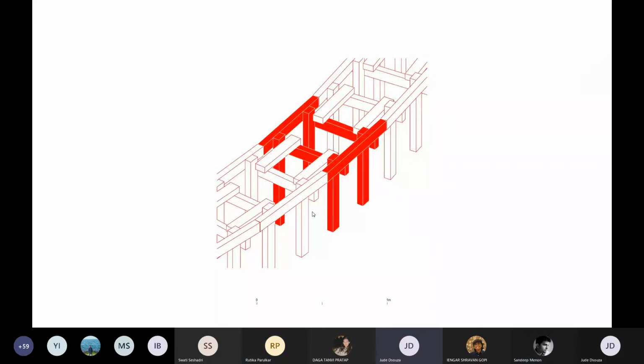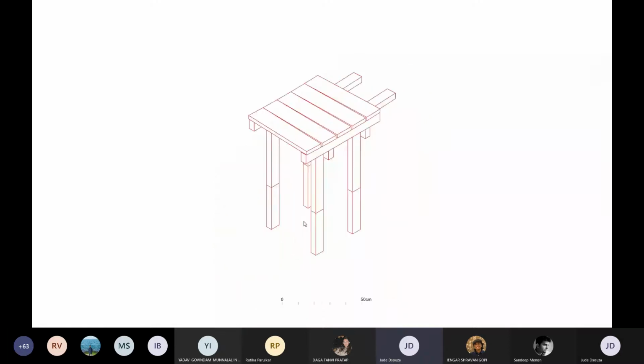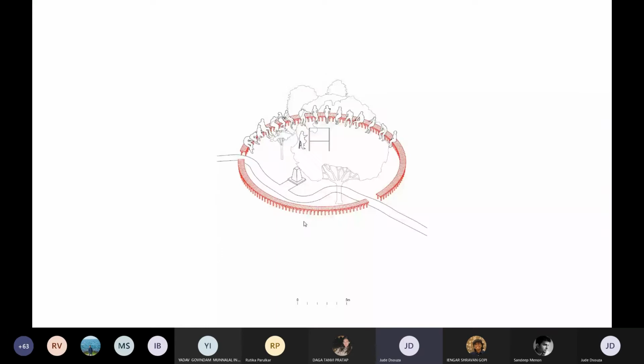So this is a drawing of that module, which then repeats and forms that circle. This is timber painted bright red, and then the planks come over it, and that forms the surface on which people sit. So a very small, simple intervention, and extremely profound, I thought, in the way that it makes place out of nothing at all.